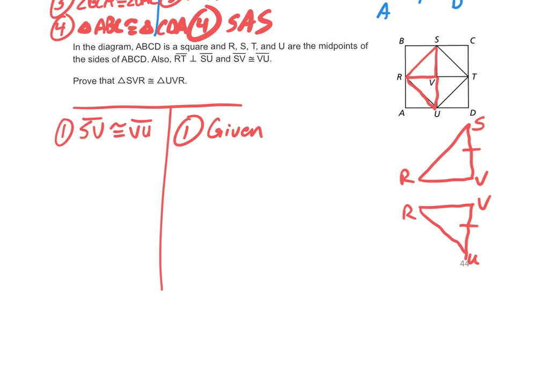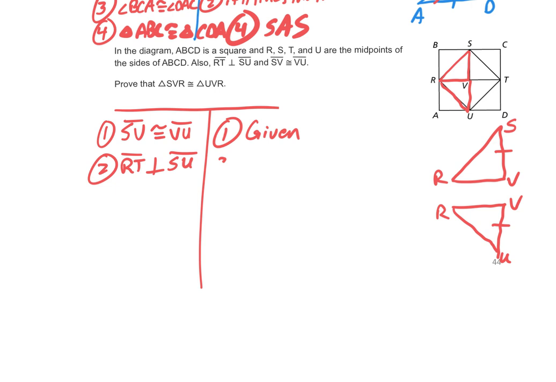We're trying to prove that these 2 triangles are congruent, so right now I have one side. Another piece of information that is big here is RT is perpendicular to SU. And I guess I don't really need to write step 2 there because we'll include that in step 1 as part of my given, because that was given information. So all of that will be step 1.